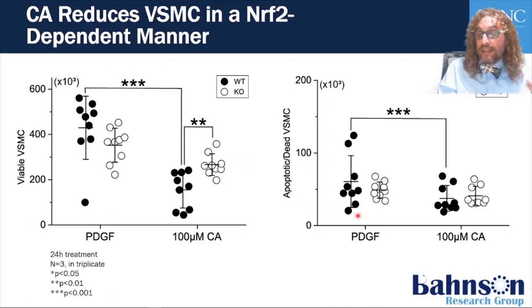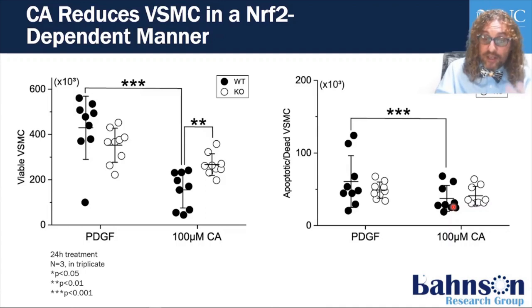We again looked at cell death to make sure that there was no death induction at 100 micromolar, and again, there is no increase in cell death at 100 micromolar in either of these genotypes, suggesting again then that CA reduces smooth muscle cell proliferation in an Nrf2-dependent manner.